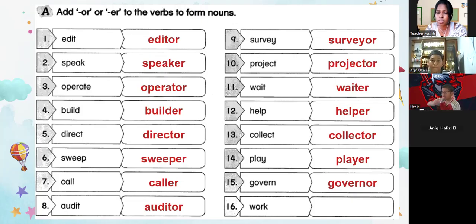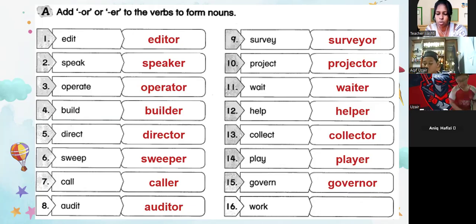The correct spelling for governor is OR, not ER. What is governor, teacher? Governor is the person who governs. Let me see in Malay.